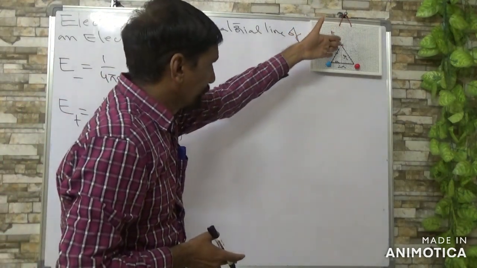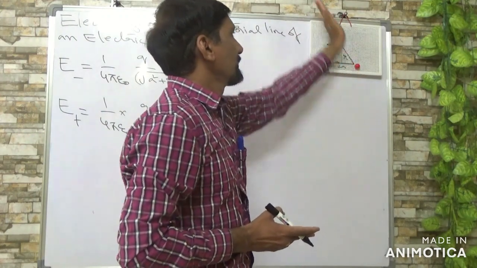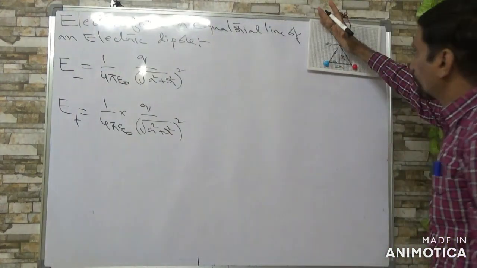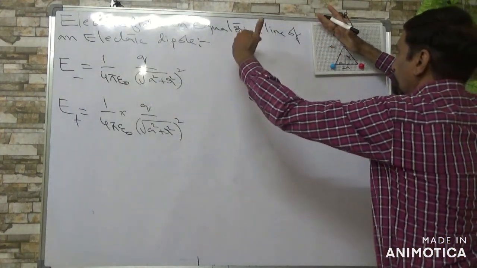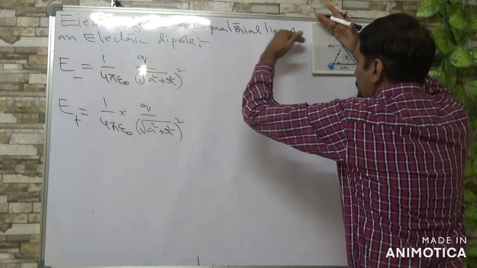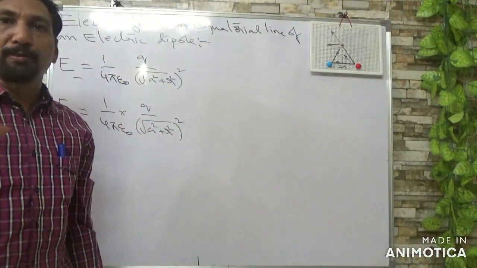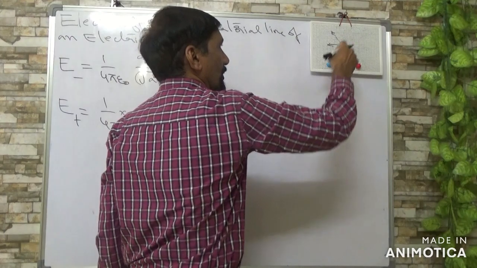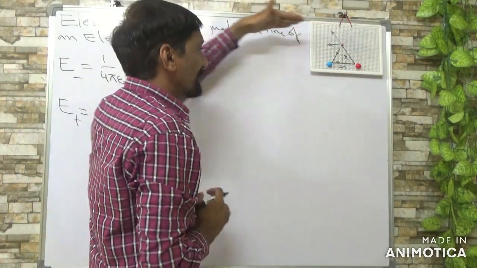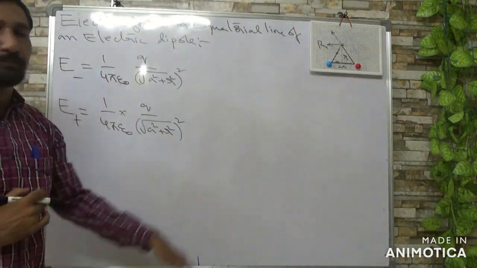This is the direction of the resultant electric field due to negative, and this is the direction due to positive. If you resolve this into two components, horizontal and vertical, the horizontal component is along the resultant direction. According to the parallelogram law of vectors, if two vectors are inclined at an angle theta, the diagonal gives the resultant.